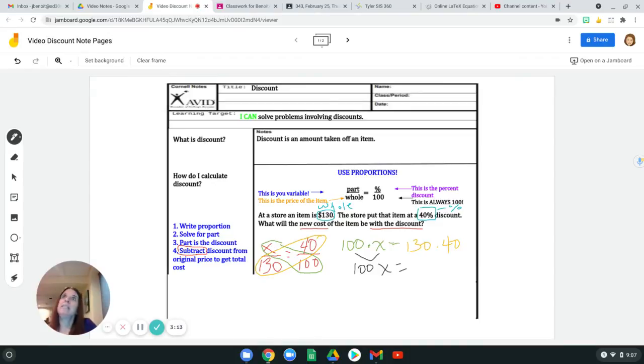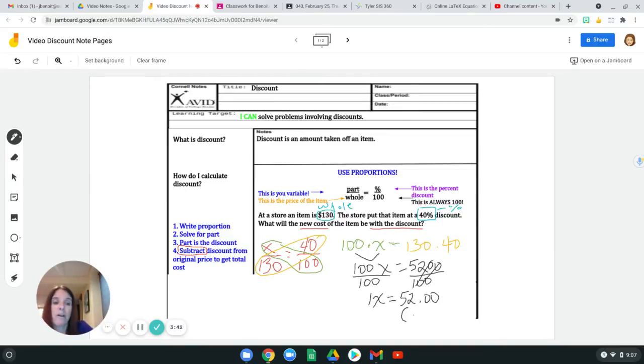Do 13 times 4, that would be 52, and add two zeros. So 5,200. And we're going to divide by that coefficient of x, which is 100. So our part, our discount, gotta love powers of 10, is $52. That is a discount. Now that's what I'm talking about, right?